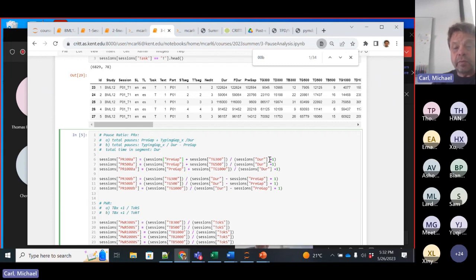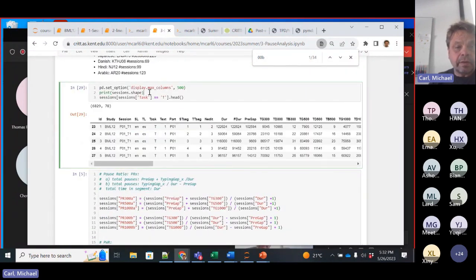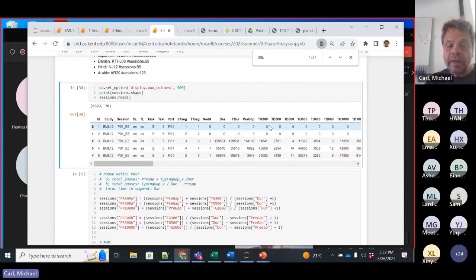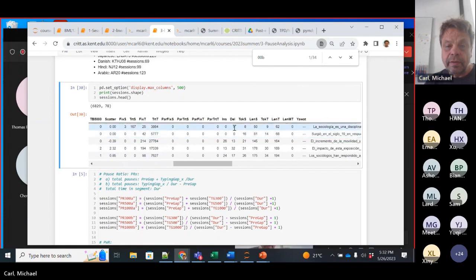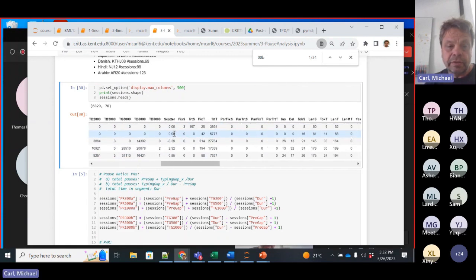And here +1 is added because sometimes we will have 0. Remember, we had 0 also if the duration was 0, if they don't type anything. So where is the total duration?